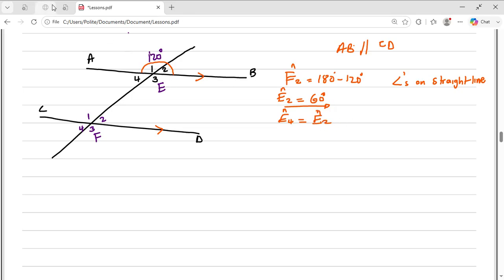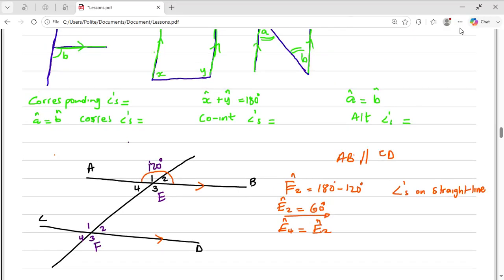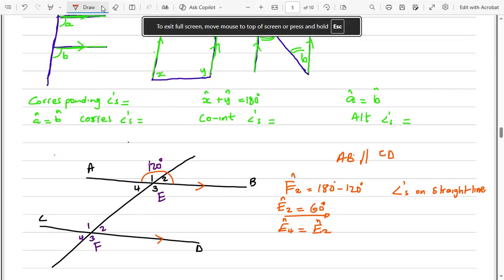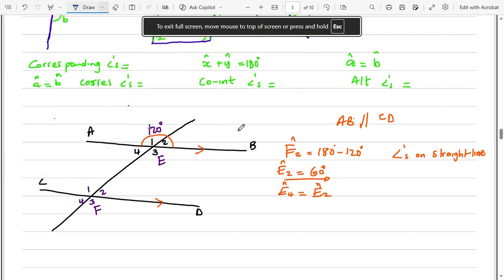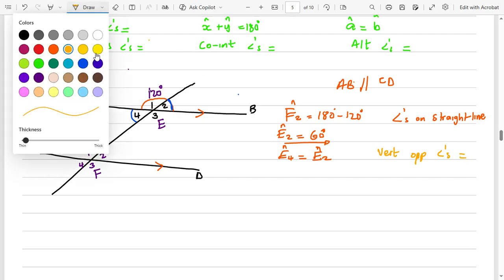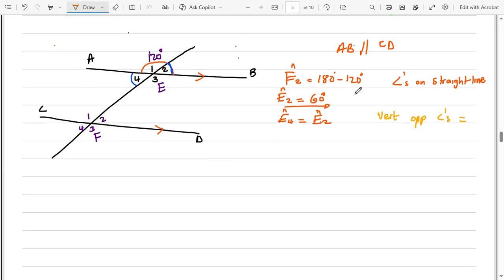Because these two angles here, they give us something like vertical opposite angles. Ne? Yeah. This angle here is equal to that. So the reason for this one will be vertical opposite angles are equal. Is that making sense? Yeah. Okay.